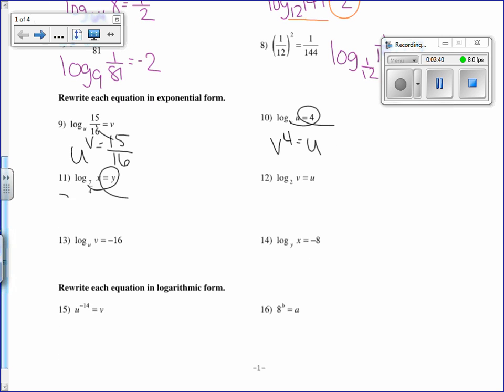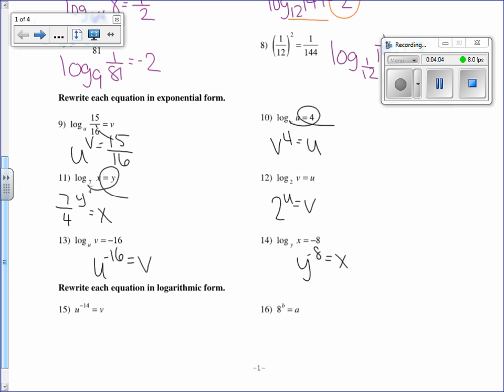Bam, there we go. So 7/4 to the Y equals X. Number 12 is going to be 2 to the U equals V. Number 13 is going to be U to the -16 equals V. And 14 is going to be Y to the -8 equals X.